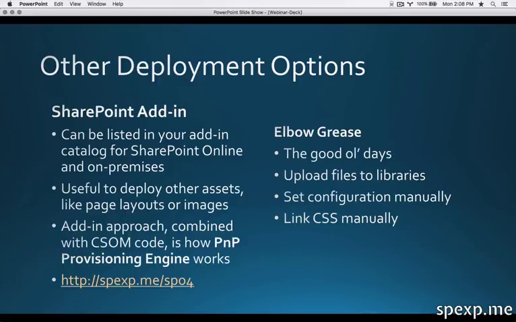So that P&P provisioning engine that we were looking at just a moment ago from the Office Dev team is going to take this approach and combine the add-in model with the custom CSOM code. And we have another link right there, SPO4, that is going to give you some additional info on how to go through and do this.